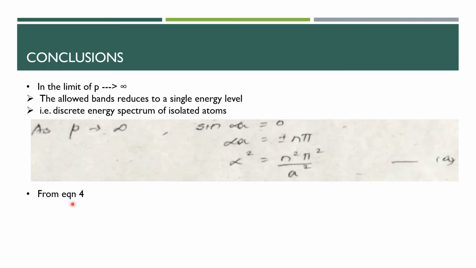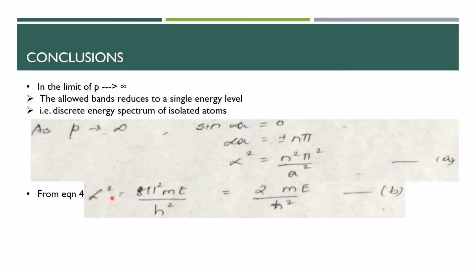From equation 4, which we had seen in the previous video, α squared is equal to 8π squared mE upon h squared, and we are substituting here ħ. This is 2mE upon ħ squared, equation B. So equating equations A and B, we get n squared π squared upon a squared is equal to 2mE upon ħ squared.